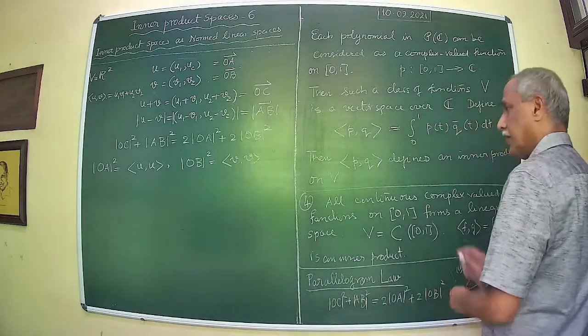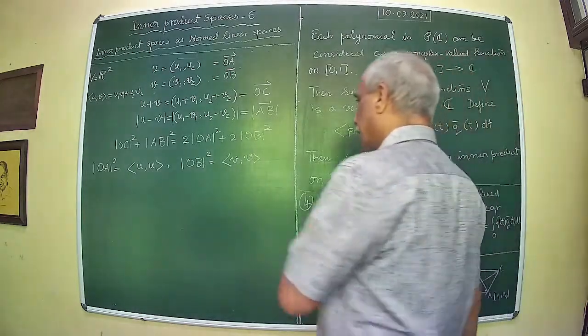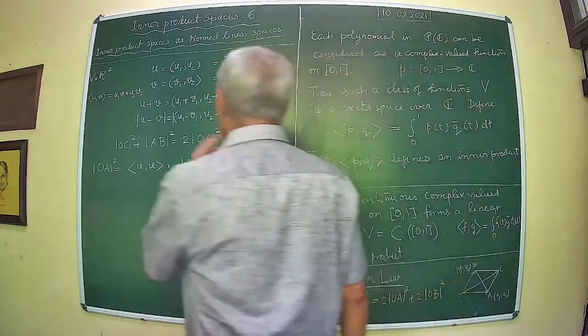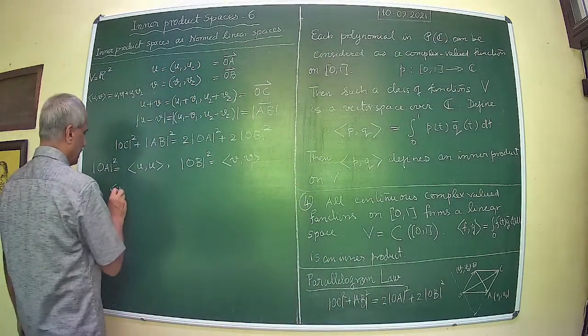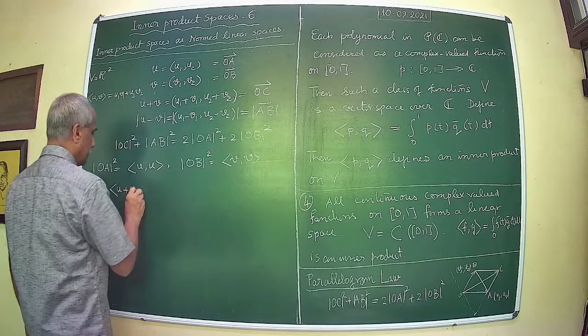Now, this is what you have, and you can show that this one, OC square, that means u plus v.